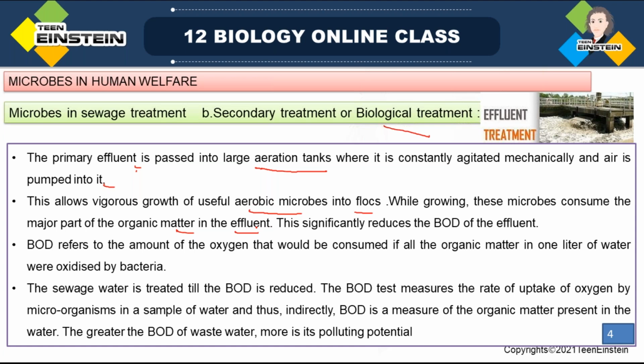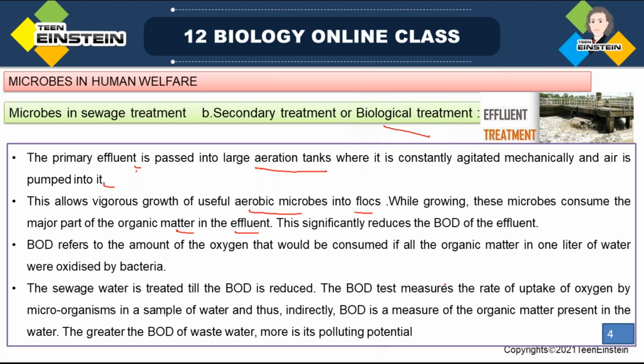They use the organic matter present in the effluent as nutritive material, as food, for their growth.